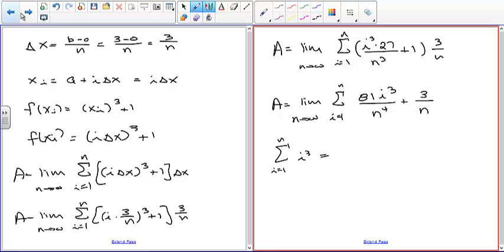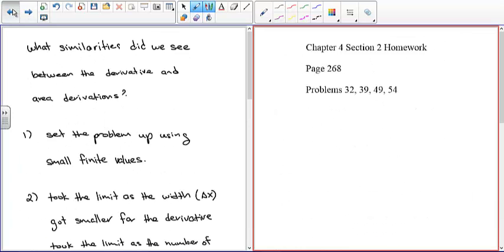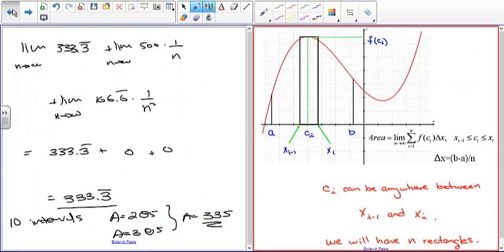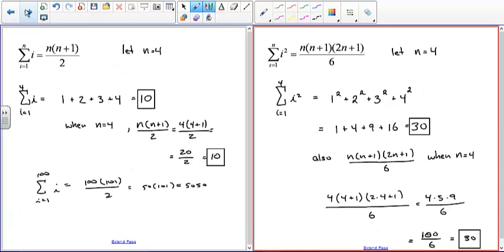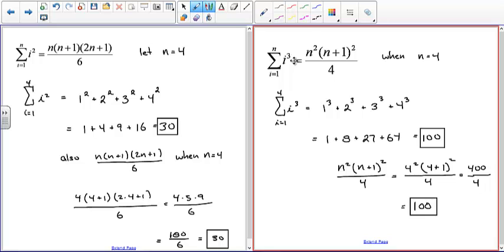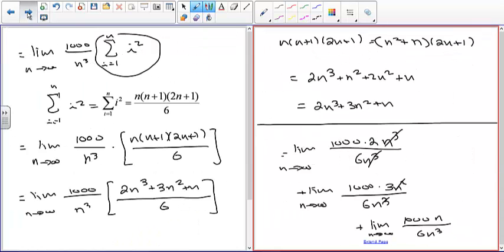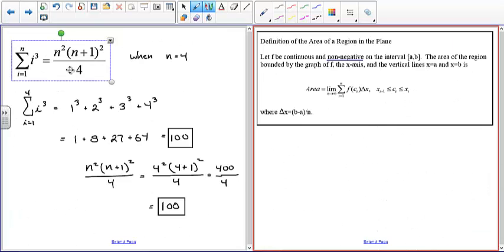So let's go back and find that. Now if we had something to the fourth power, we'd have to have some formula for the fourth power, but we don't go that far. You would still follow the same procedure.